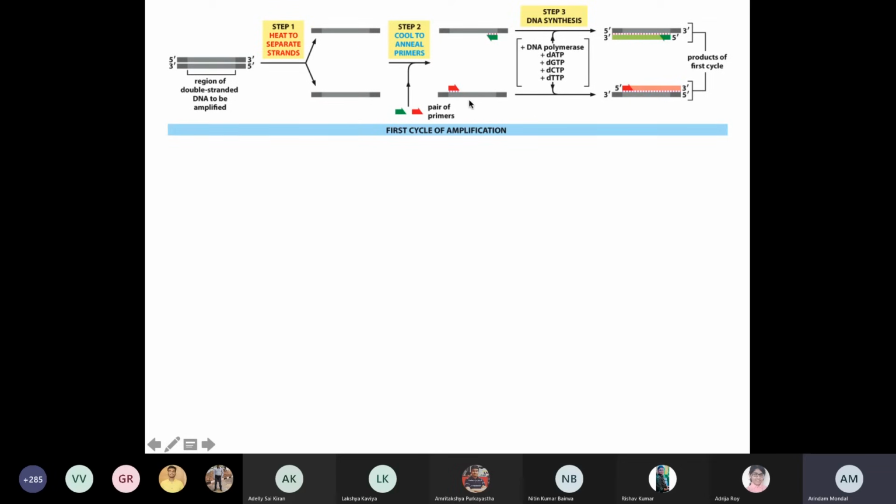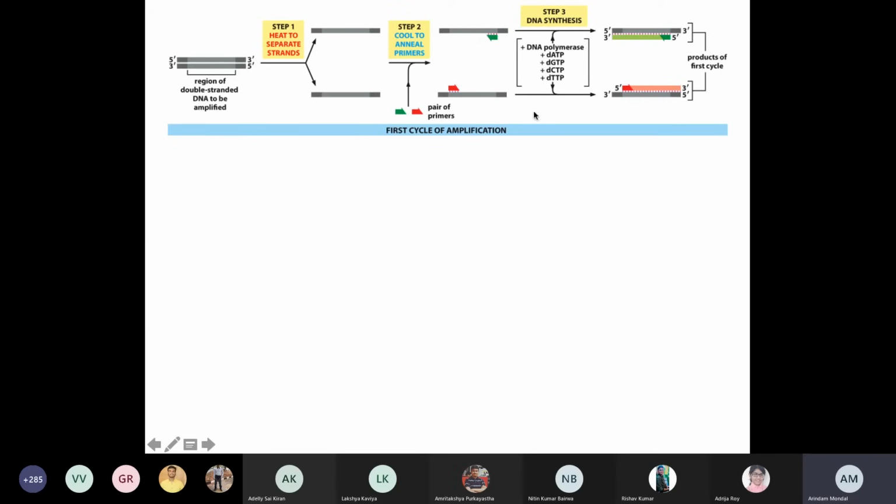The second step is annealing. Why? Because at this step, the primers are getting annealed to the target DNA template. And subsequently, you raise the temperature to 70 to 72 degrees centigrade, where the DNA polymerase will initiate the synthesis utilizing the 3' OH provided by the primers.